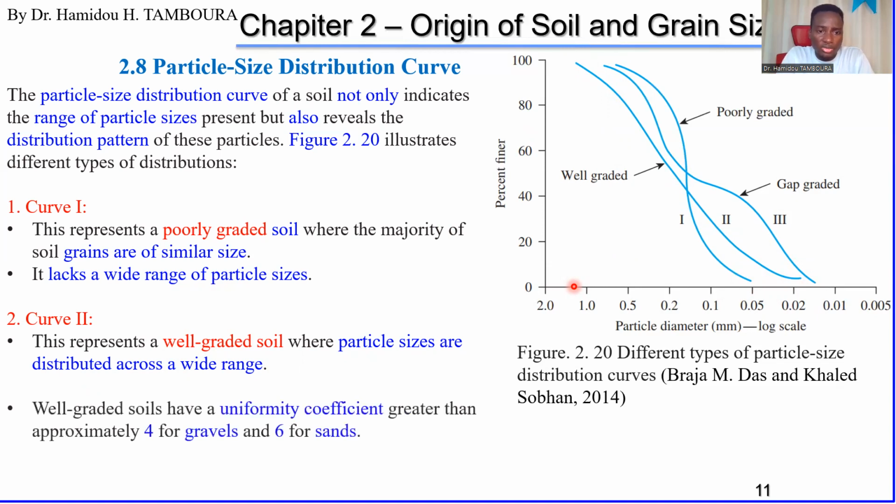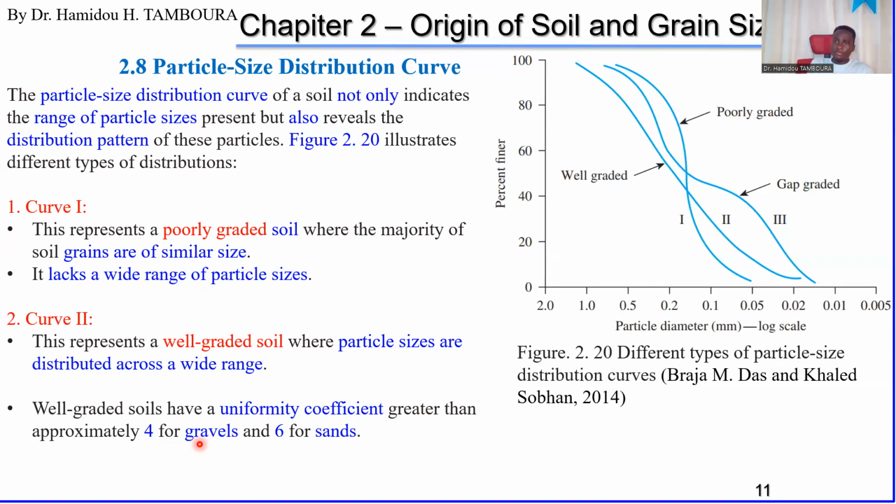So this well-graded soil has a uniformity coefficient greater than approximately 4 for gravel and 6 for sand. So this means that if you are dealing with gravel, and you have a uniformity coefficient greater than 4, your gravel is well graded.